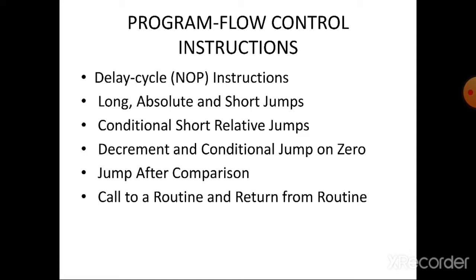Then conditional short relative jumps, decrement and conditional jump on 0, jump after comparison, and call and return instructions. The call instruction is used to call a subroutine, and the return instruction is used to return from a subroutine.